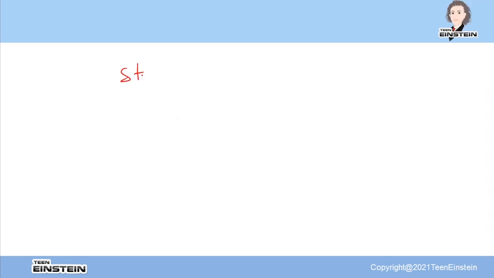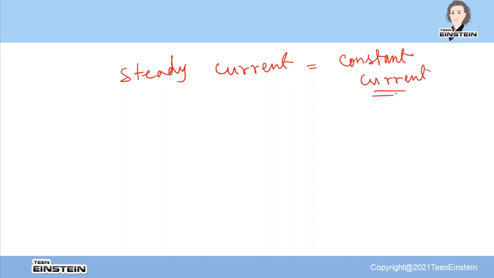What is steady current? Steady current means continuous flow. Steady current means constant current. And there is instantaneous current also.